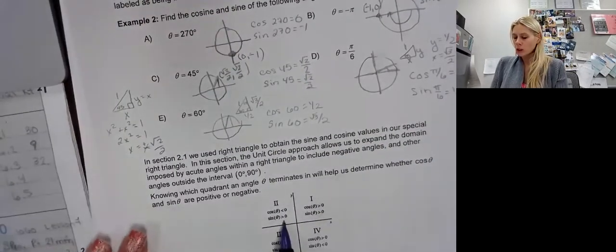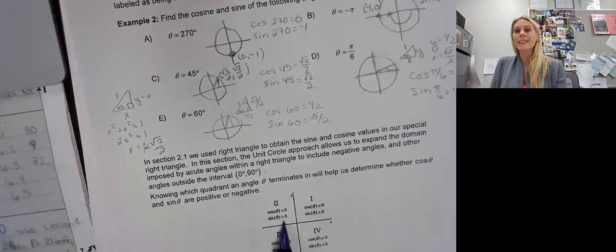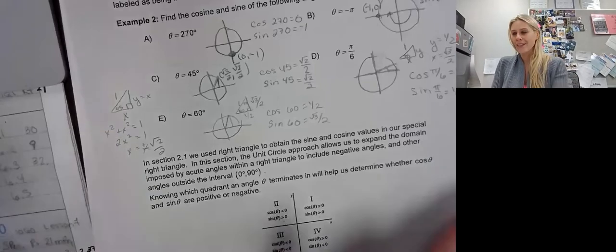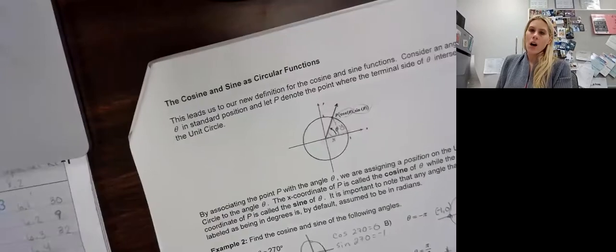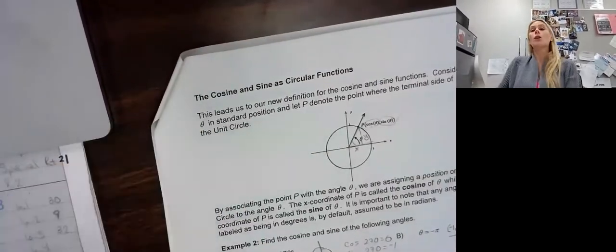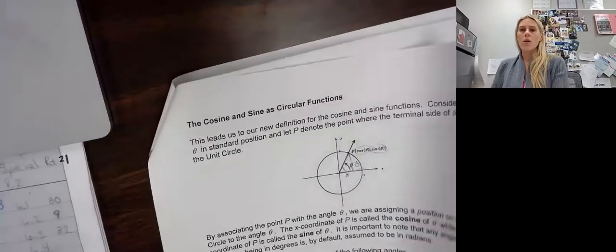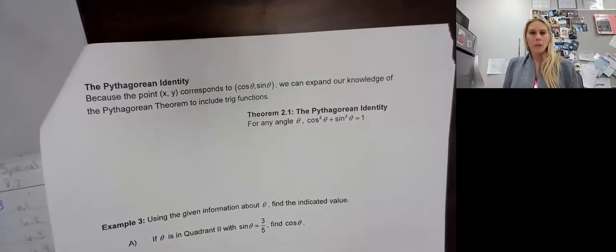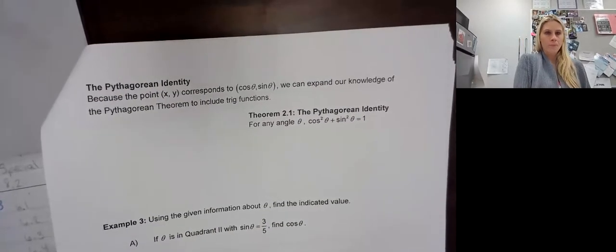The second quadrant, we have cosine is negative, sine is positive. Third quadrant, they're both negative. Fourth quadrant, cosine is positive, sine is negative. We can take our special right triangles, use those, and then figure out if it's positive or negative by what quadrant they're in. So let's actually play a little bit with that now.